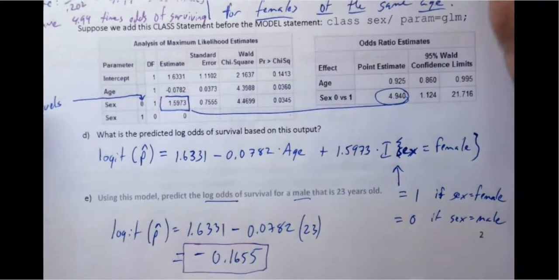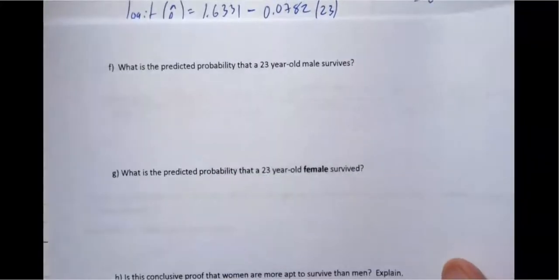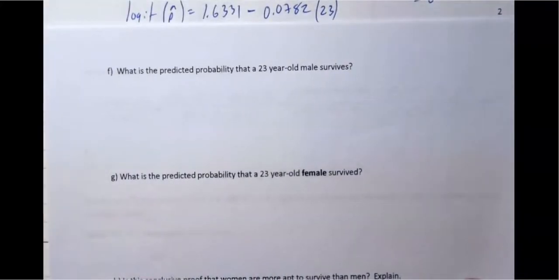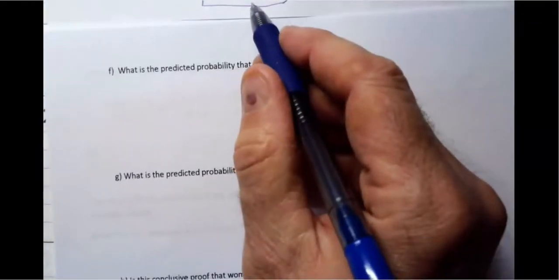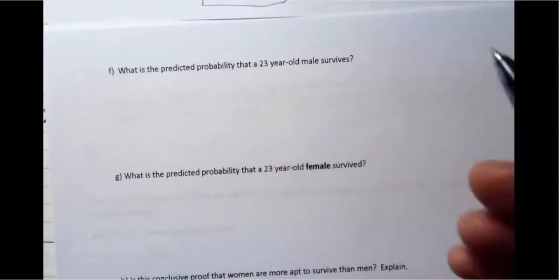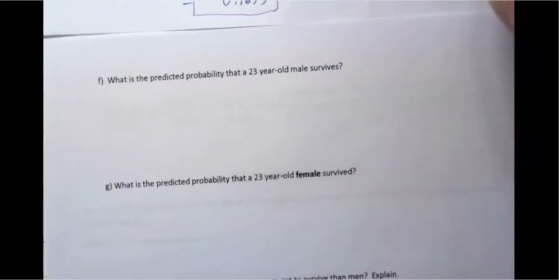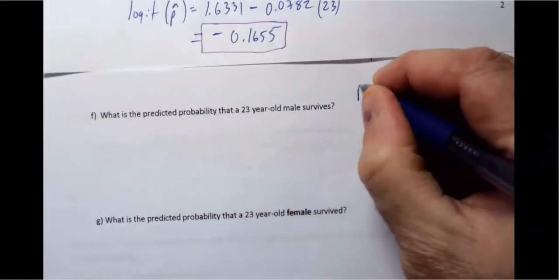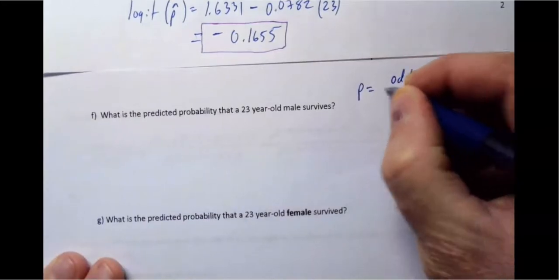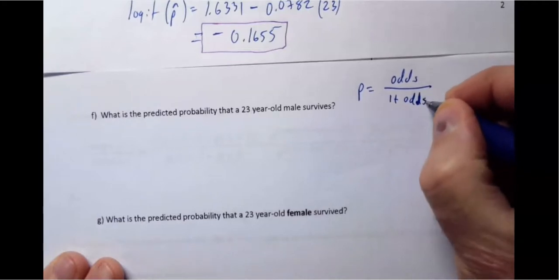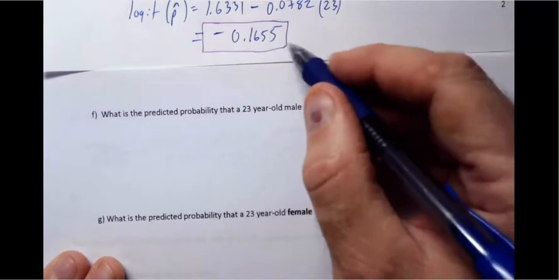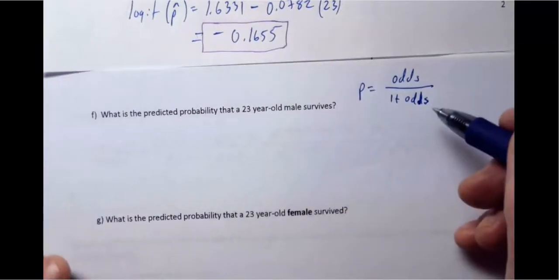I'm just going to go a little bit further with this example. What is the predicted probability that a 23-year-old male survives? So once we have our log odds, remember that p equals odds over 1 plus odds. And if we have log odds, to get odds we just have to exponentiate.